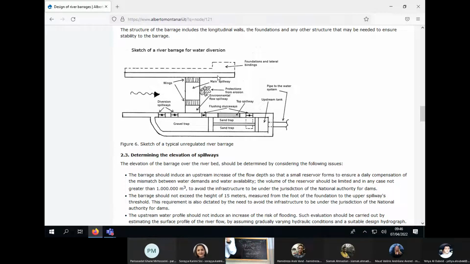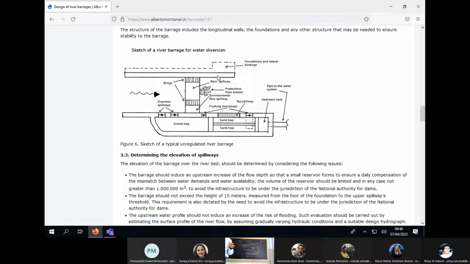Which means that you have to apply for a permission, and the permission is not easy to obtain, because then you have to make an assessment of the environmental impact, an assessment of the impact on the ecology of the river, etc. There is a lot of documentation that is to be produced, and as I said, it's not easy to get the permission, which is in a way, on the one hand, a good thing that before allowing interventions on rivers, rivers are a natural environment that is highly valuable.